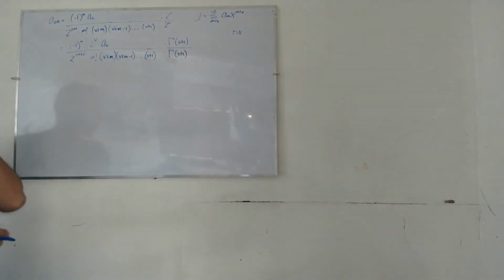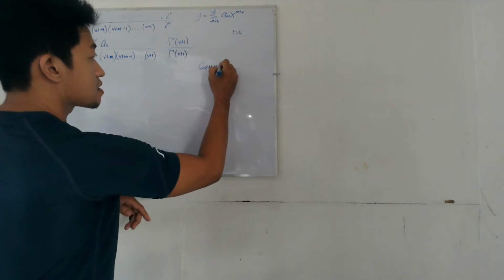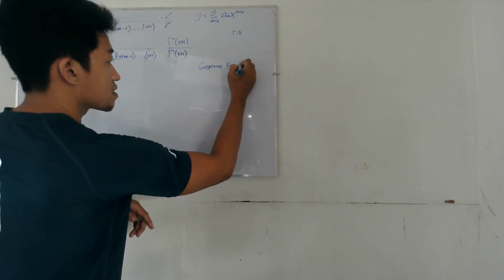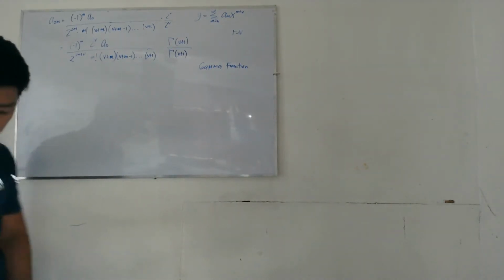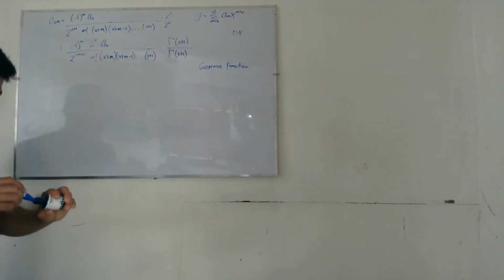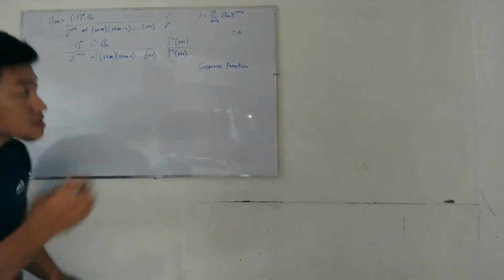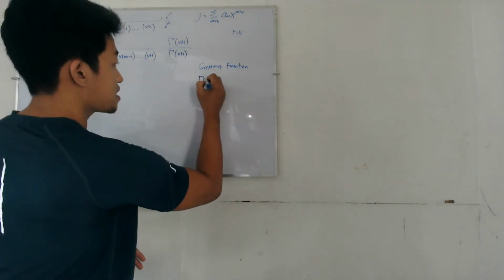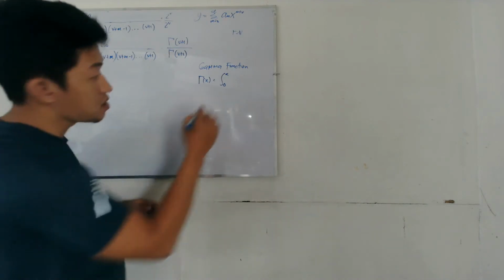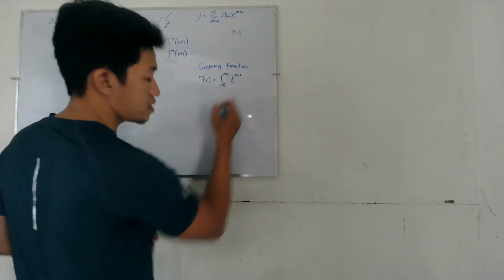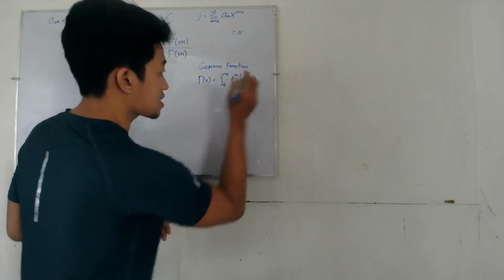Okay, what is a gamma function? It is called the gamma function. Before we proceed with the solution, let's discuss the gamma function. The gamma function is defined as the integral from 0 to infinity of t to the x minus 1 times e to the negative t dt.